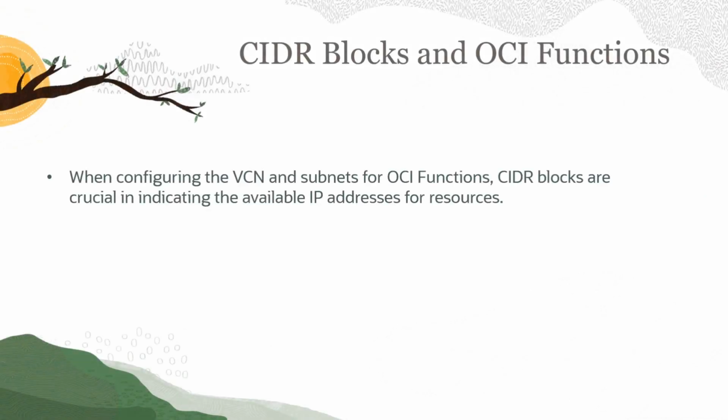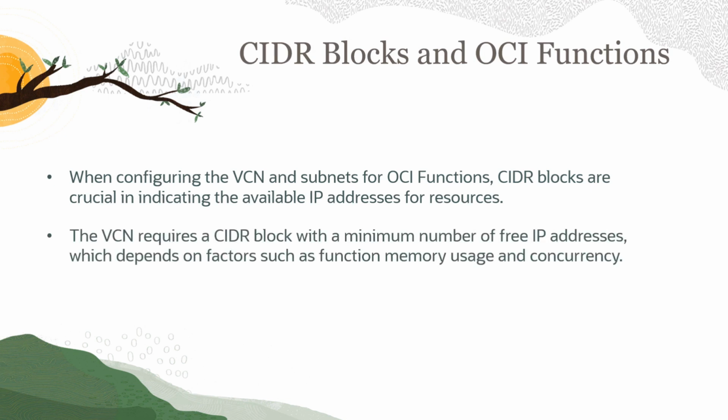Let's explore how CIDR blocks are used to specify IP addresses when configuring VCNs and subnets for OCI functions. As we delve into this process, it's crucial to note that the VCN must have a CIDR block that offers a minimum number of free IP addresses. This necessity stems from several factors that govern the functioning of OCI functions.